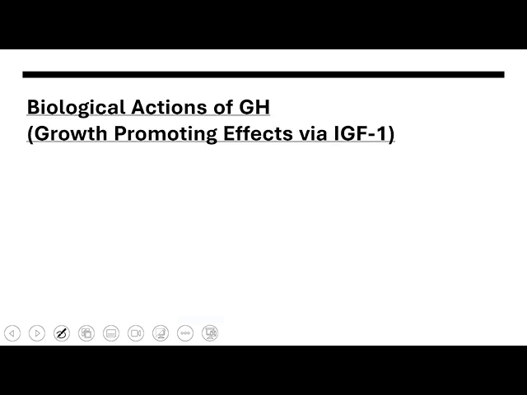Or you can see the biological action of the growth hormone through insulin-like growth factor 1. First, when the growth hormone reaches the liver, then through the JAK-STAT pathway it leads to the transcription of the gene that encodes the growth hormone-like insulin-like growth factor 1, and this is the major mediator of growth.